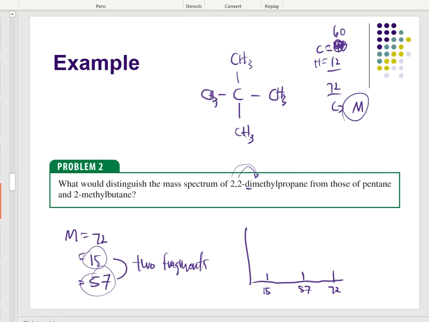And that's a very good way to distinguish 2,2-dimethylpropane from the pentane molecule and the 2-methylbutane molecule that we've already looked at. I'm missing fragments here, and because of the fragmentation pattern, that's a no-brainer. I'll be able to pick that one out without a problem. The mass spec can at least.